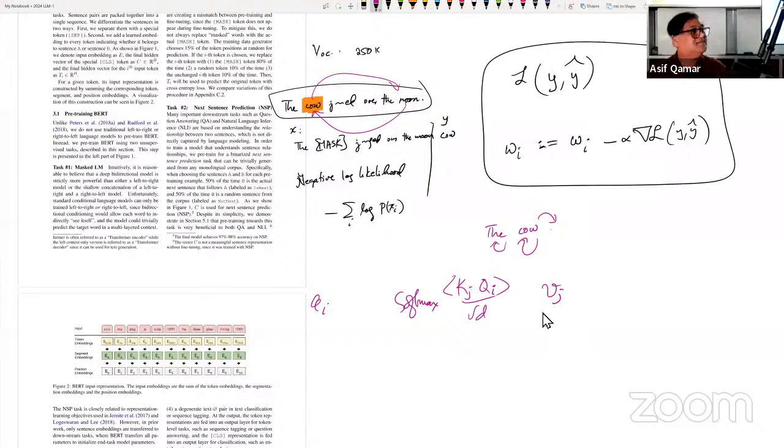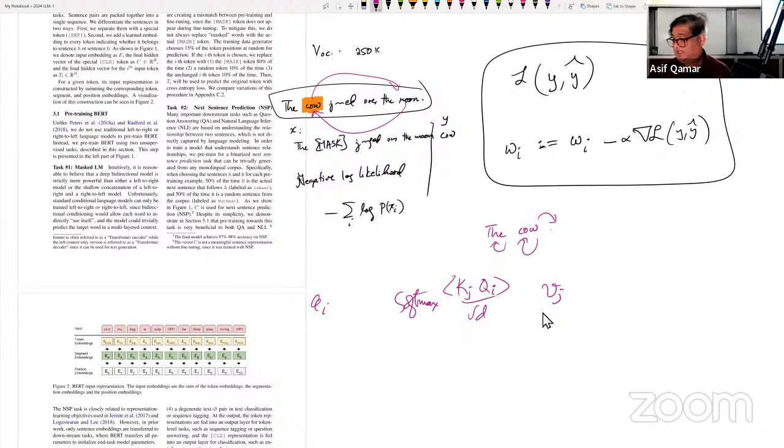Within the context window, yeah. Within whatever input you've fed in. So suppose my sentence is only one word, just cow. It will pay attention to itself. But let's say I'm asking what would be the next word, and I just give cow. It will still be able to predict.